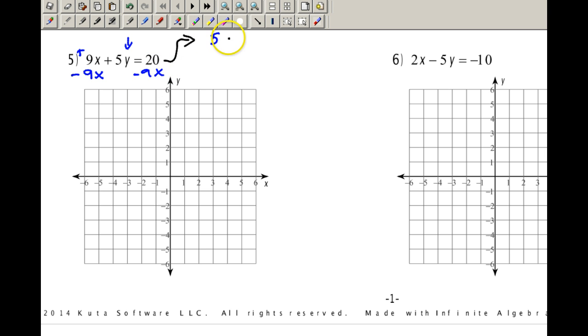So we have 5y equals negative 9x plus 20. And then divide everything by 5. Y equals negative 9/5 x plus 4. 20 divided by 5 is 4.